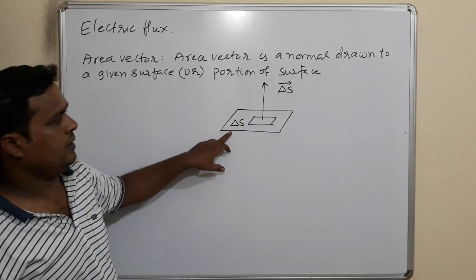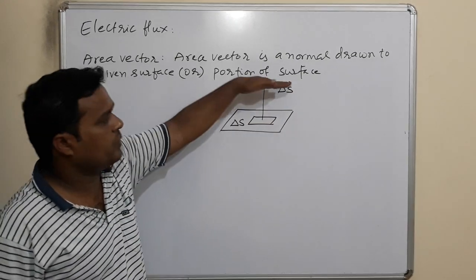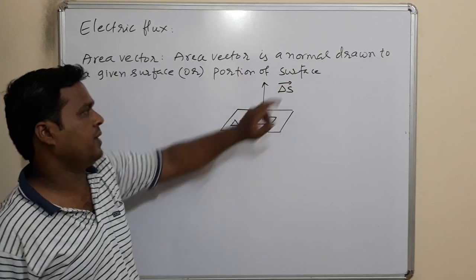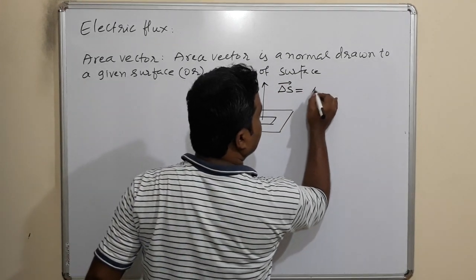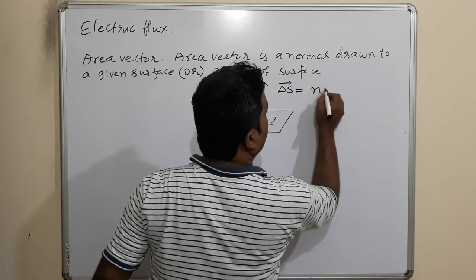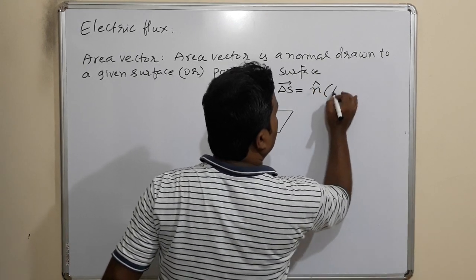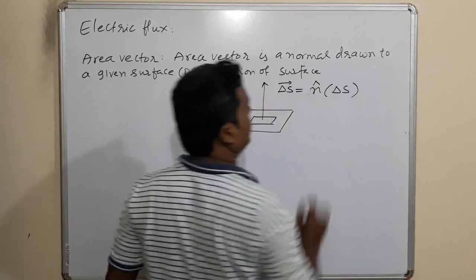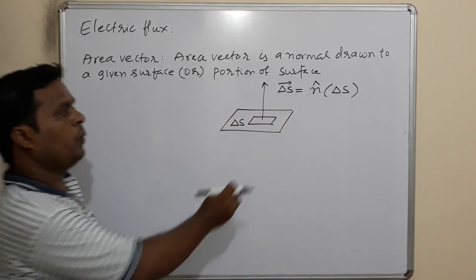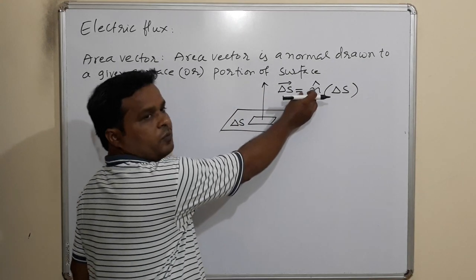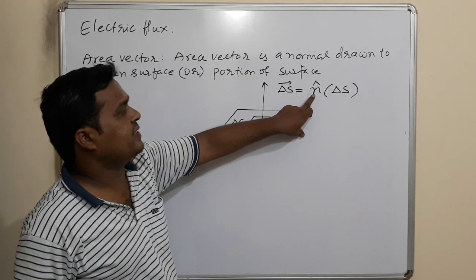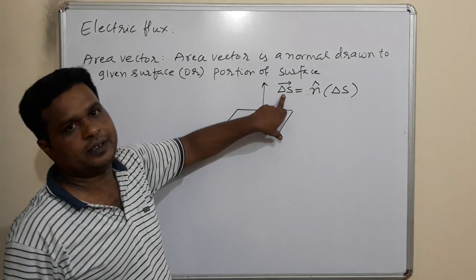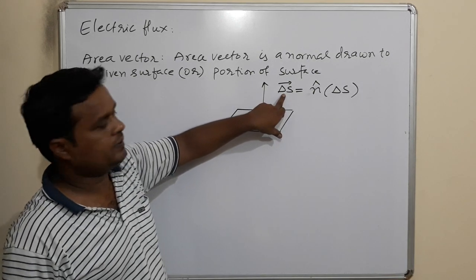Delta S is area, delta S with arrow mark represents area vector. I will write it as a unit vector n cap multiplied by delta S, where n cap is a unit vector which represents the direction of the delta S vector.